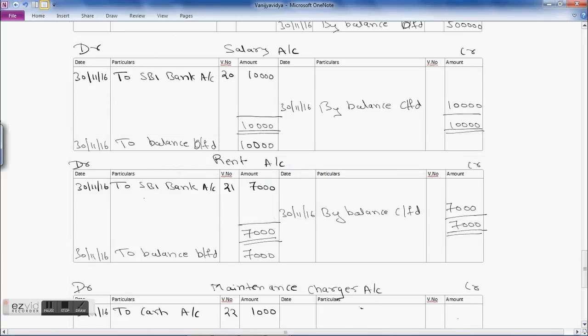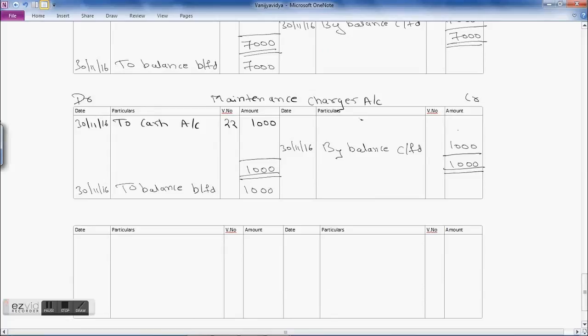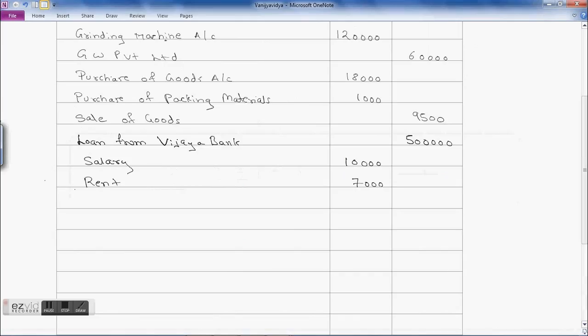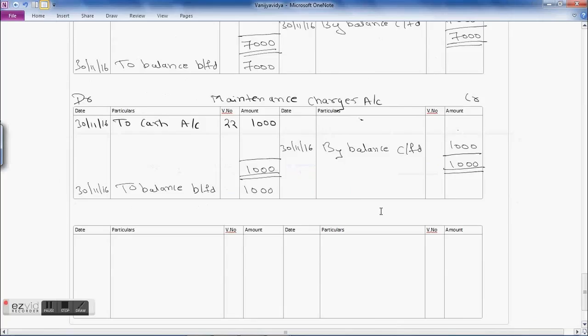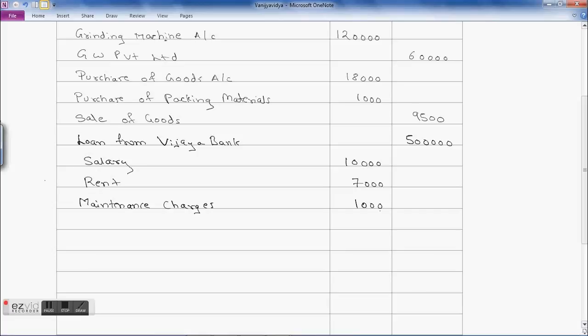Okay, next you have maintenance charges and balance brought forward, debit balance of 1,000. Debit balance of 1,000. Okay, that's it.